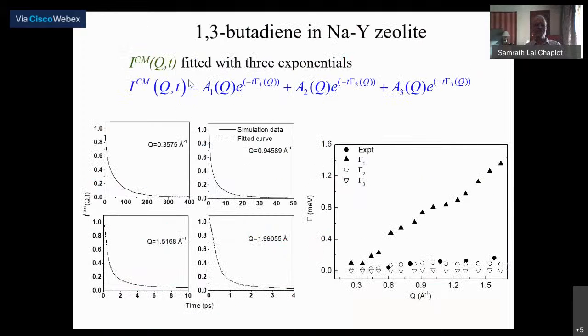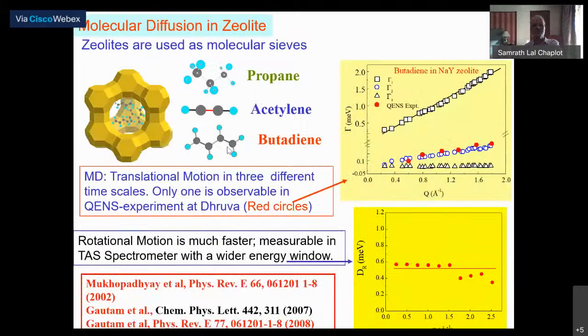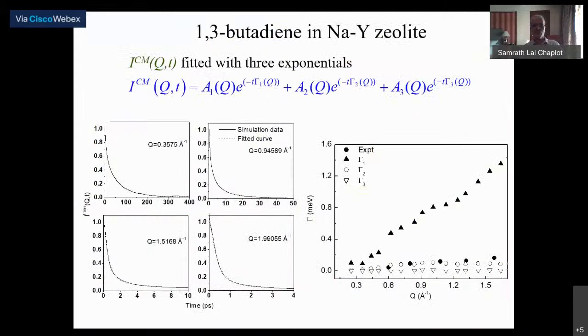It is incoherent because much of the scattering comes from the hydrogen atoms that are part of these organic molecules, and therefore most of the observable neutron scattering would be incoherent scattering, and we just focus attention on the self part of the correlation functions.